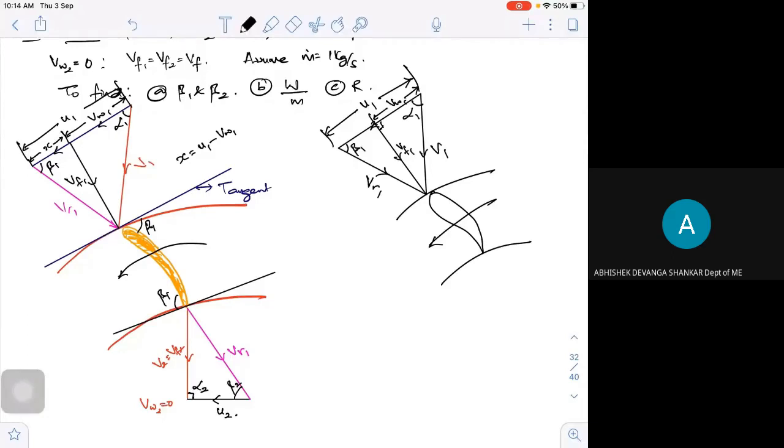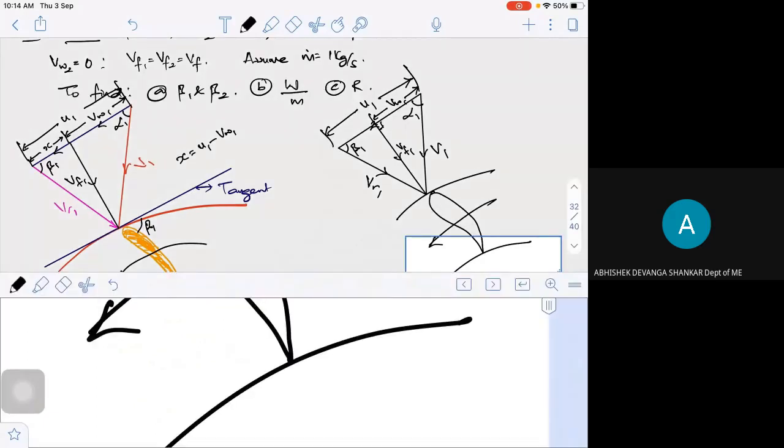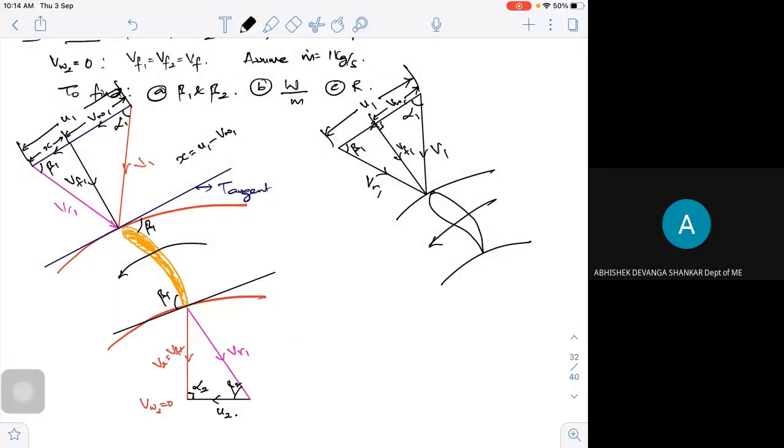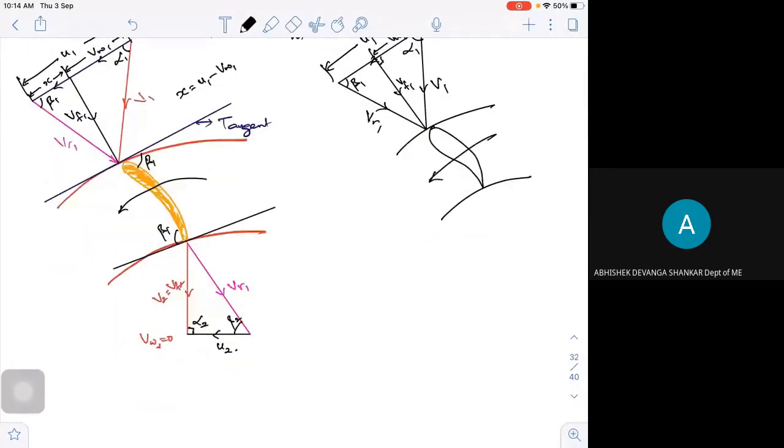Now similarly at the exit, they have told that flow is going out at alpha 2 equal to 90 degrees, that is without any whirl component. So this will go like this, so that your V2 is equal to VF2, and the direction of rotation will always be tangent to this.